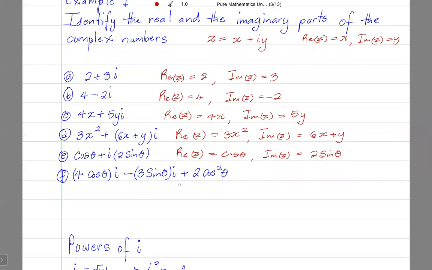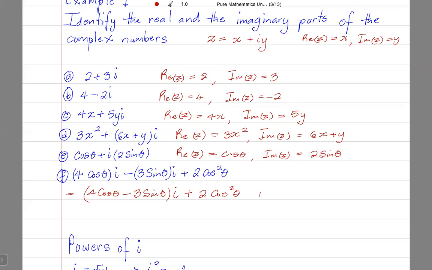to the left, i is common. So if I factor out i, I'm going to end up with i outside the bracket times 4 cosine theta minus 3 sine theta, plus 2 cos squared theta.